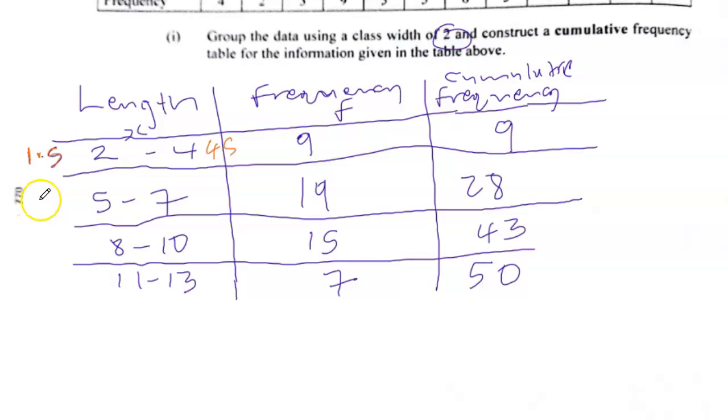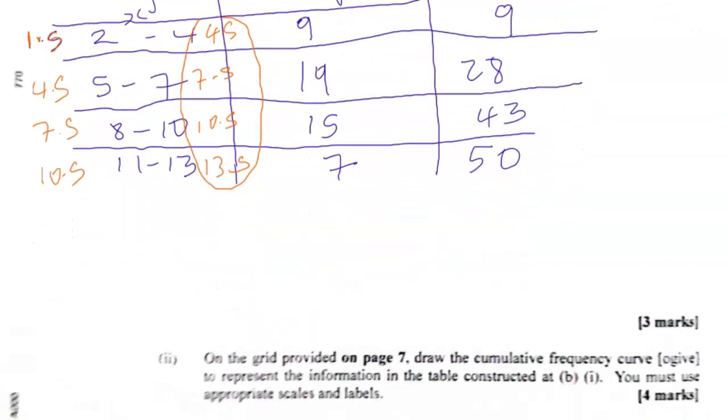Subtract .5 from 5, add .5, that's 7.5. Add .5 to the upper limit, subtract .5 from the lower limit. So we're plotting the upper boundaries. These are the values we're using: 4.5, 7.5, 10.5, and 13.5 with the cumulative frequencies there. So 4.5 to 9 is our first point, and 13.5 to 50 is our last point.